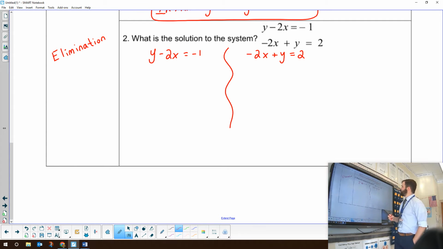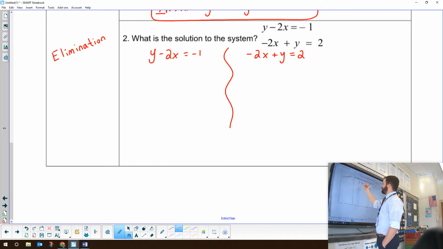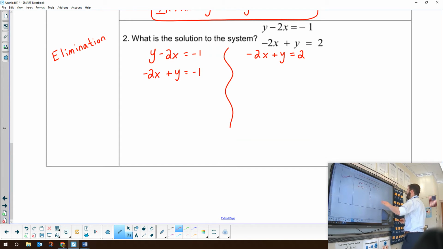So if I solve this one using elimination, what I'm going to do first is make sure my x's, my y's, my equal signs, my whole numbers all line up. And if you notice this here, that x and y, they're flipped. Well, we can just rearrange that and rewrite it as negative 2x plus y equals negative 1. All right, and then I want you to look at this real quick. We want something to match.